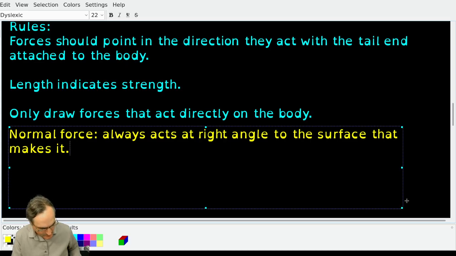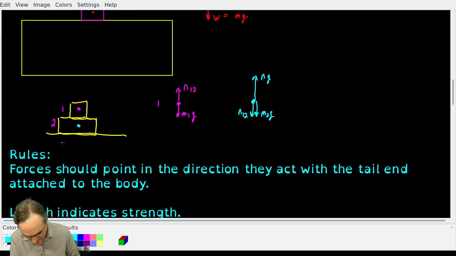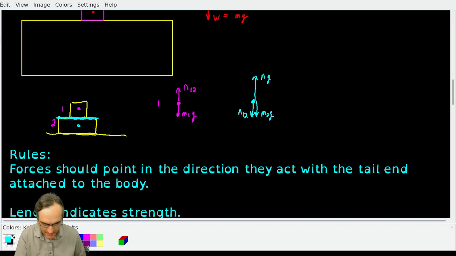And let's look up at the picture again, because there are a couple things that might surprise you. Here, the surface that's creating this N12 on the upper one is this surface right here, the upper surface of the lower box. So that means the force will act at right angles to it. It would act upward.